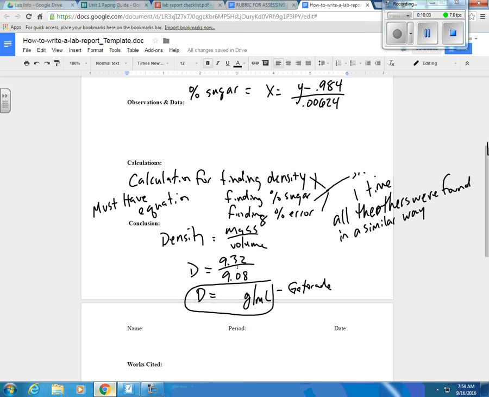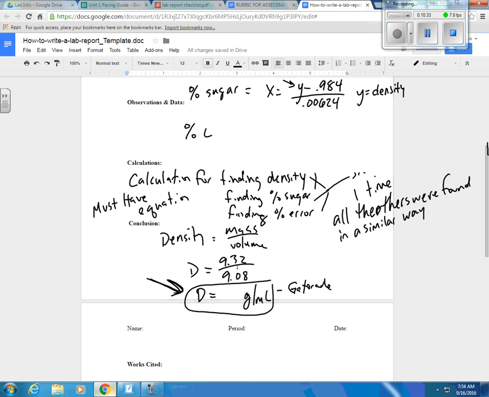And then you have to say where y equals the density and x equals the percent sugar. Then you're going to put your numbers in there. You're going to put this density number for Gatorade in for y right there, and go through the whole process. Then you're going to say this is the percent sugar that I found for Gatorade. All the rest of the percent sugars were found using the same calculation.